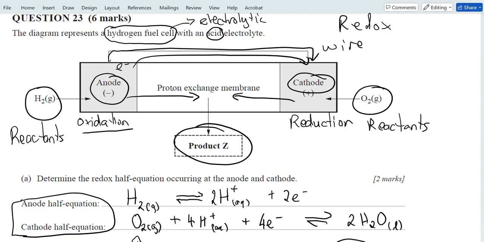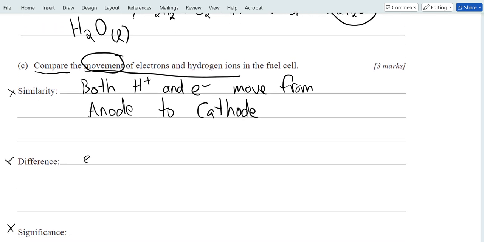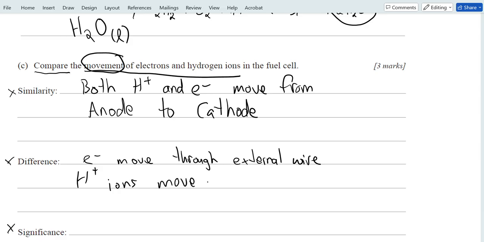Hydrogen has no choice but to go through this proton exchange membrane. So we can write that as well. Electrons move through external wire. H plus ions move through proton exchange membrane.